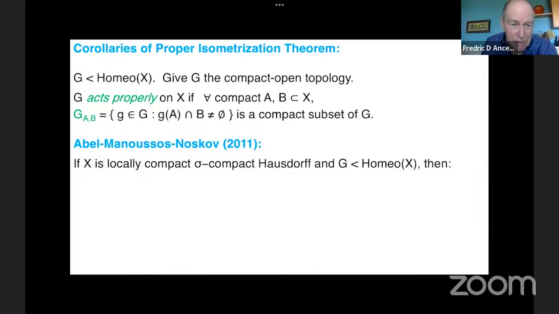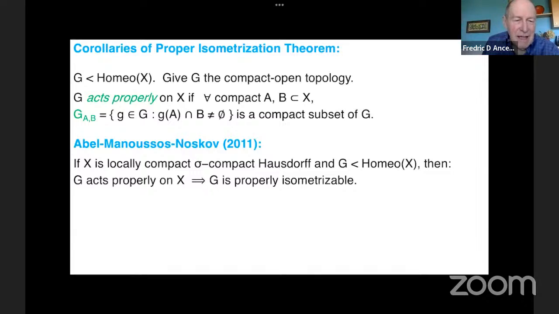If you're in a locally compact, sigma compact Hausdorff space, and you have a group of homeomorphisms, and they satisfy this properness condition stated above, then G is properly isometrizable.